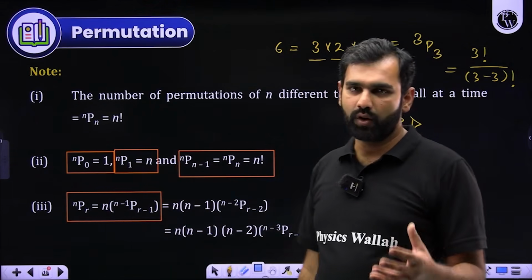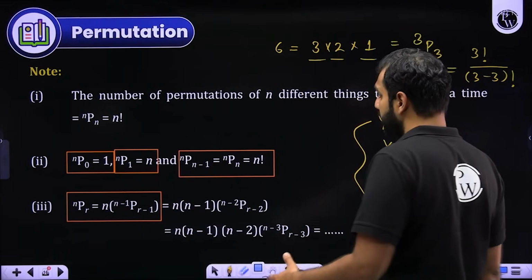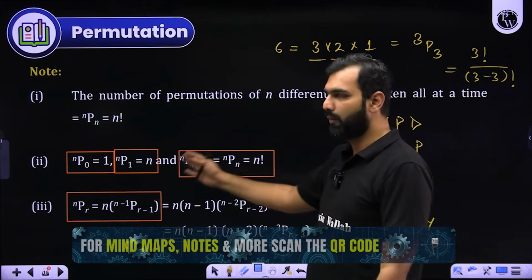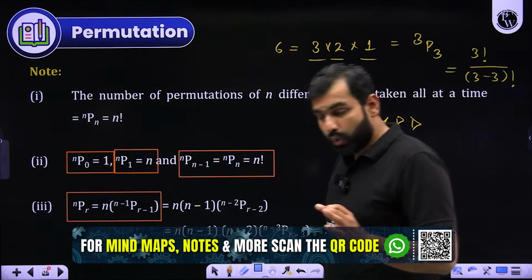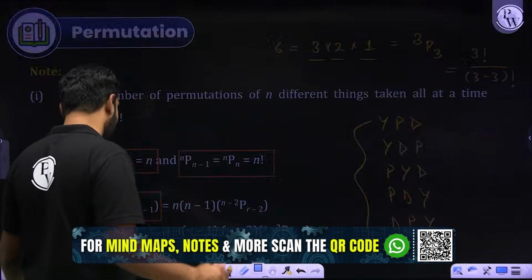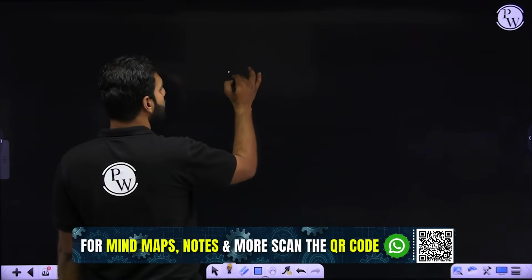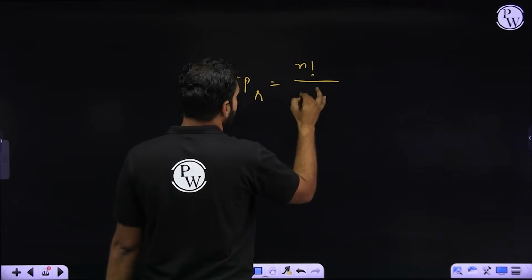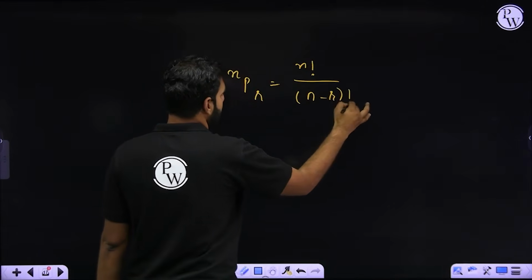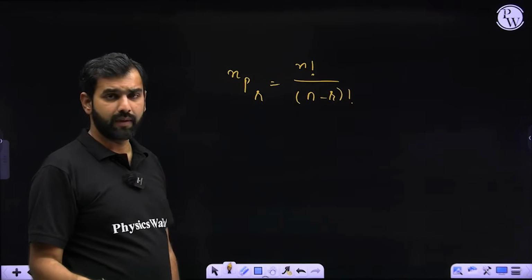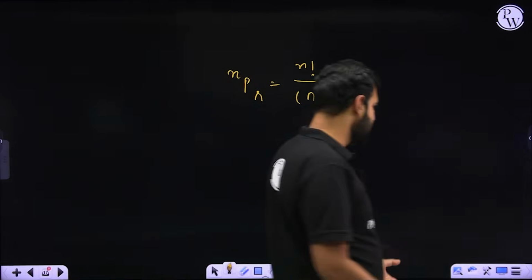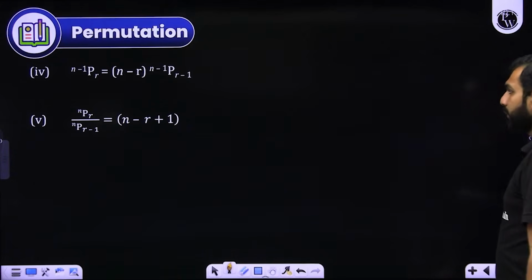Sometimes they may not give you a verbal or word problem, but they may give you an expression based problem like this, and then you need to use these formulae or results. Whatever you keep with yourself, just do remember one thing, that nPr is always going to be n factorial upon (n minus r) factorial. That is something which is true. And yes, r should always be less than n. That should be a very simple thing which should be remembered and understood by you all.